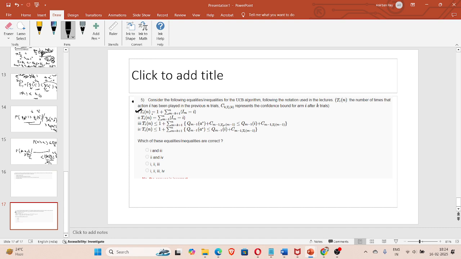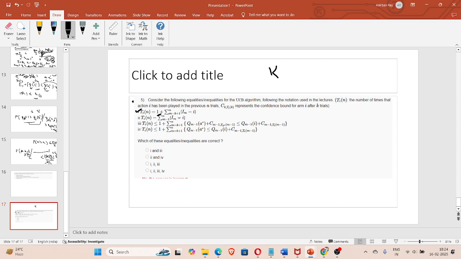Why? Because for the ith arm, suppose there are k arms. First, for every arm, we have taken that arm one time. So for the ith arm, we take one first.